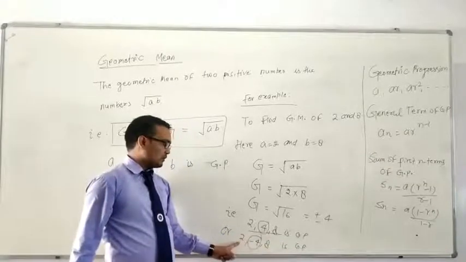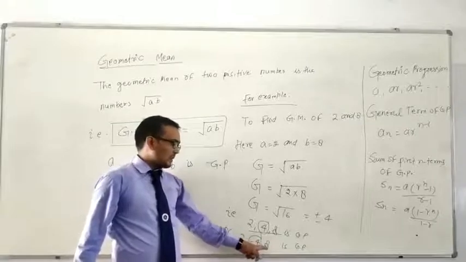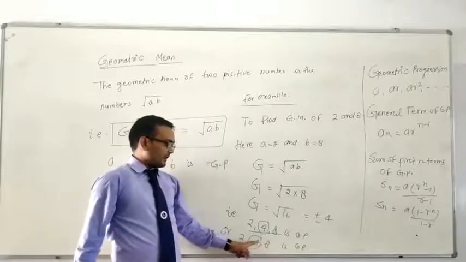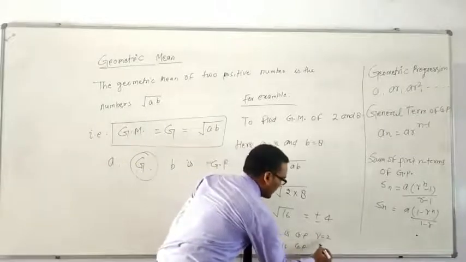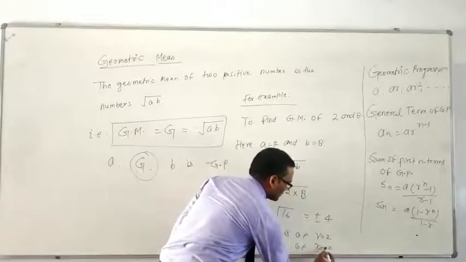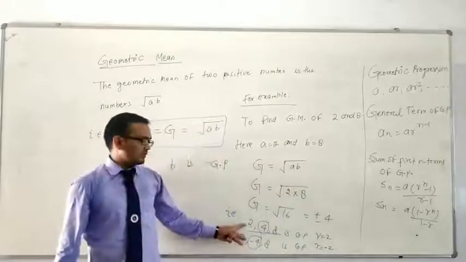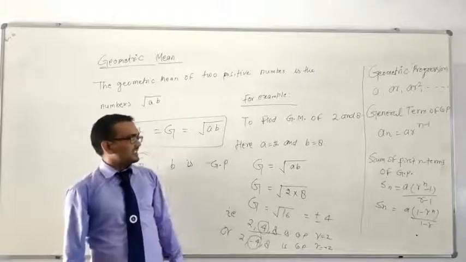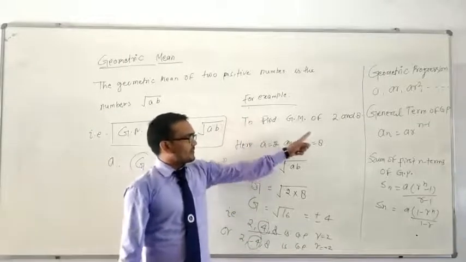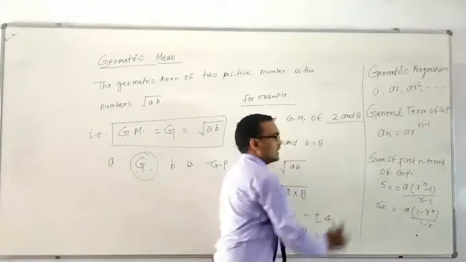Minus 4 upon 2 equal to minus 2 and 8 upon minus 4 equal to minus 2. Here r equal to 2 and here r equal to minus 2. Both sequences are GPs, so 4 and minus 4 are the geometric means of 2 and 8.